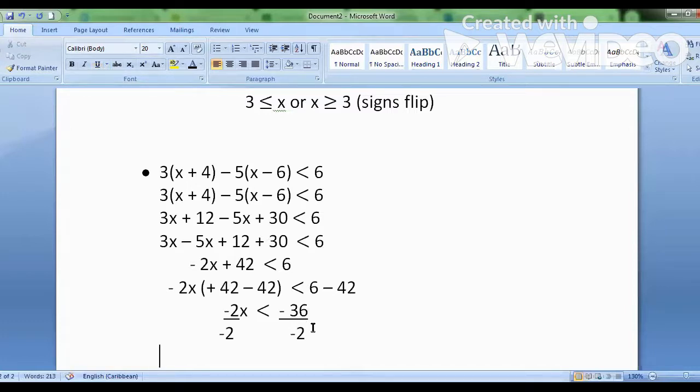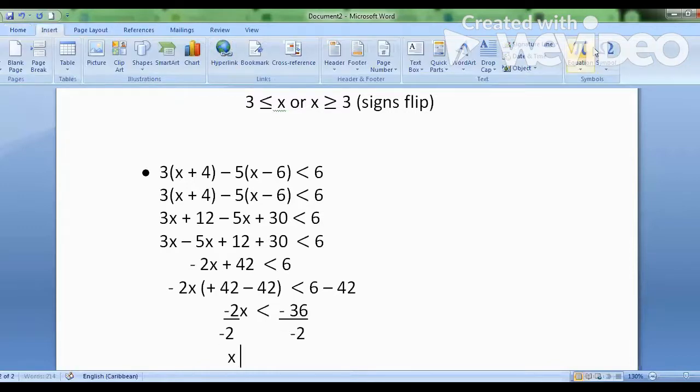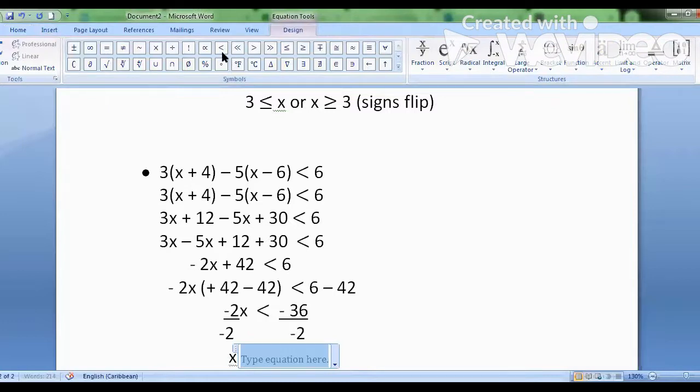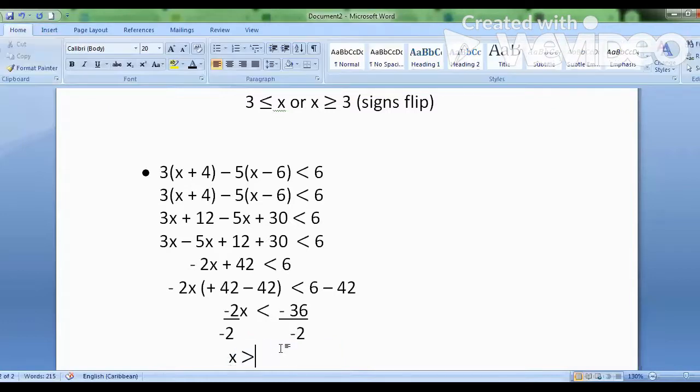What I got is x is greater than 18, because we divided both sides by a negative, and the coefficient is negative. Once there's a negative variable and you divide by that, the sign changes.